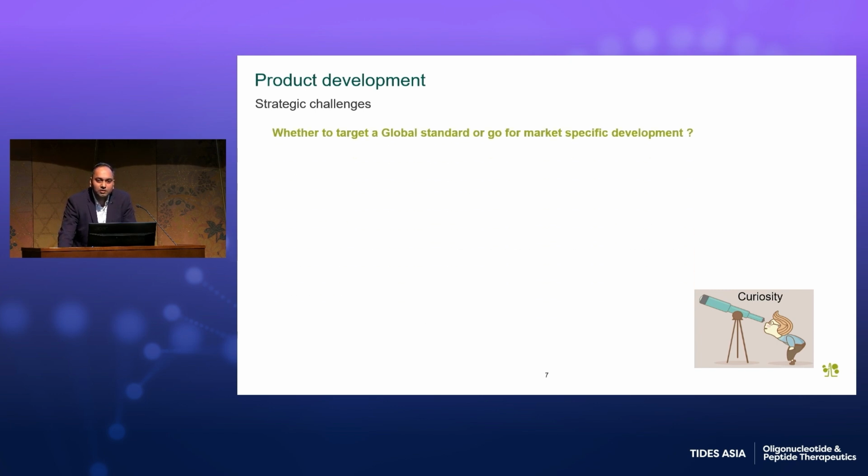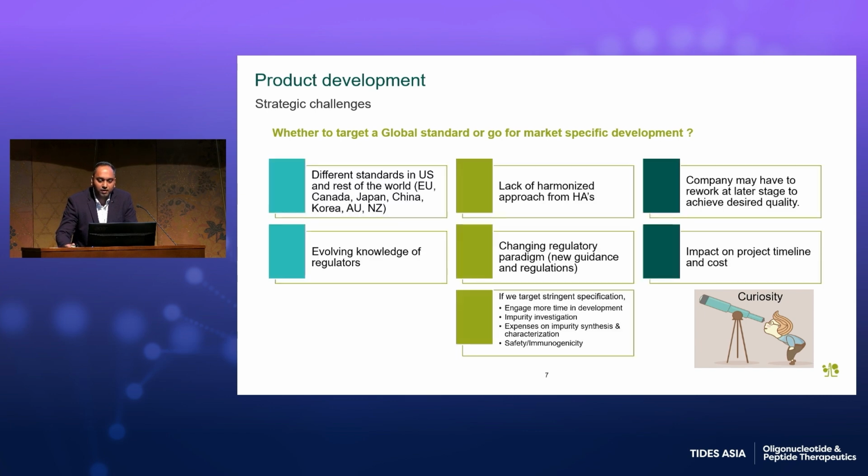Can we develop a global standard where you develop a product which will meet the expectation of US, Europe, Japan, Korea, China, everything, or do we need to go for market specific development? And as I mentioned initially, since the ICH harmonized approach is lacking for peptide drug substance at this moment, it makes it very difficult for us to decide in which direction we should go.